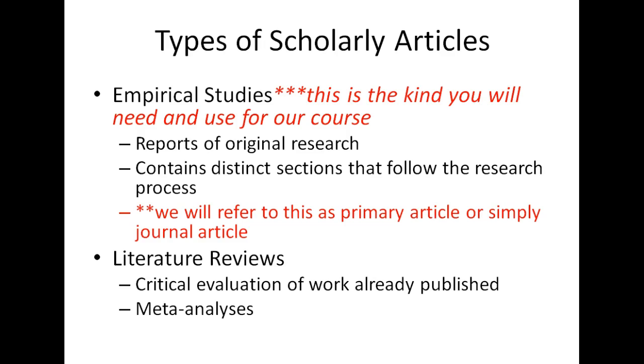There's also other types of scholarly articles of literature reviews. Those are not particularly useful for us, as I find they cover a whole and do a review of a whole bunch of different research pieces and often are really quite complex. Not to say they wouldn't be useful to you, but just not for our purposes.